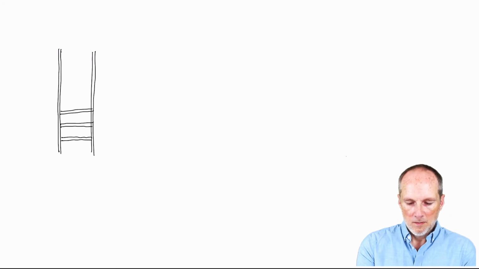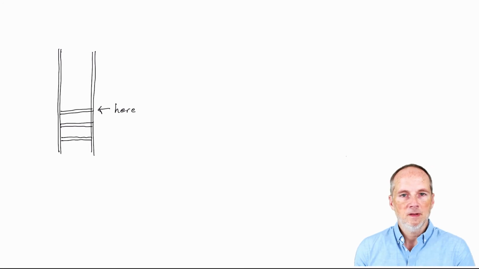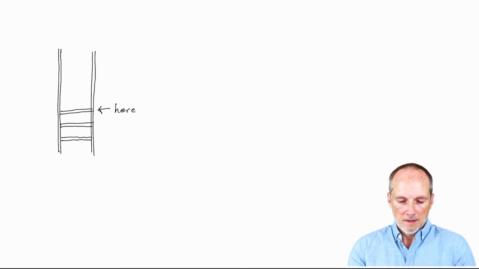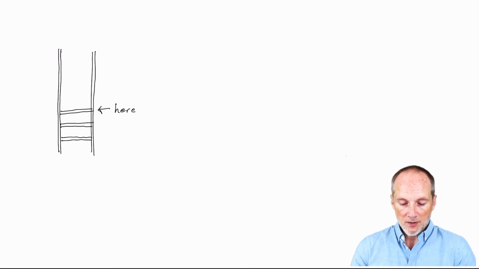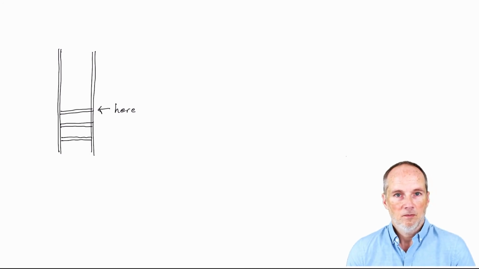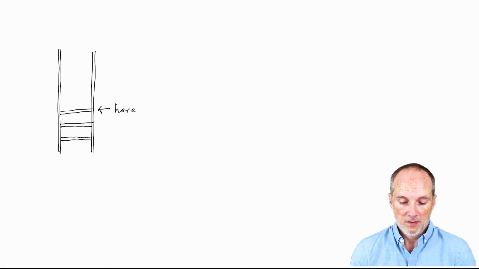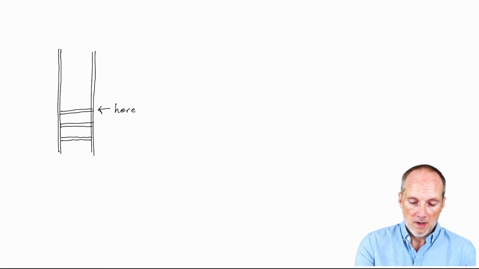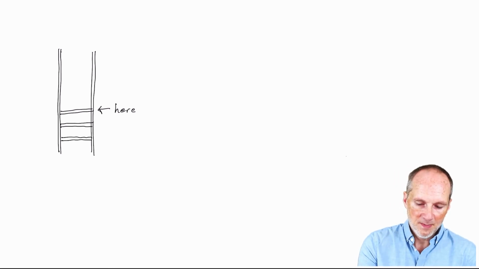And here are the rungs of the ladder. And we're here. We get to start partway up the ladder. The step that we're on and the steps below are the assumptions that we have in the proof. Okay. Now, eventually we need to get up to this top rung.